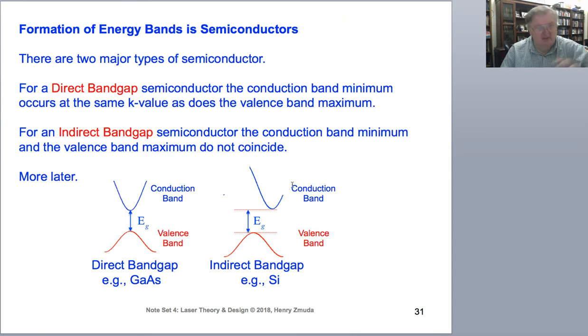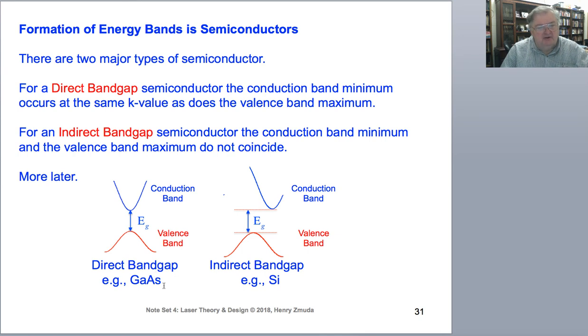Let me show you a picture of what I just said. This is very important, extremely important, as a matter of fact. This is something I could most certainly ask you and expect you to have at the tip of your fingers. For a direct bandgap semiconductor, the conduction band minimum occurs at the same K value as the valence band maximum, like this. And the distance separating them is called the band gap.